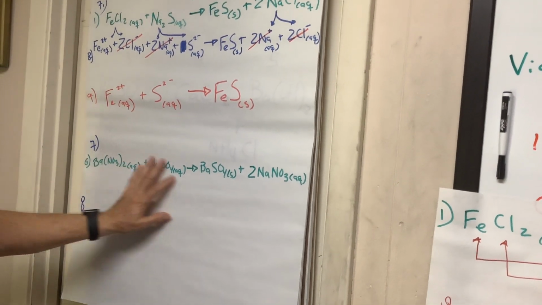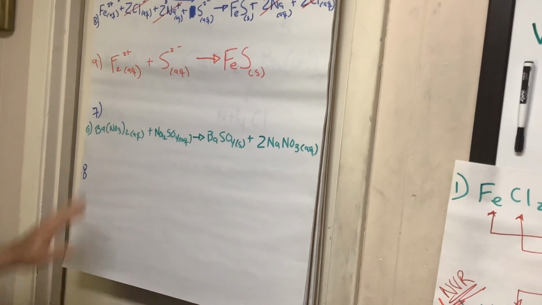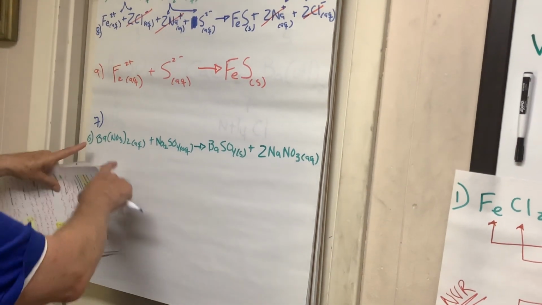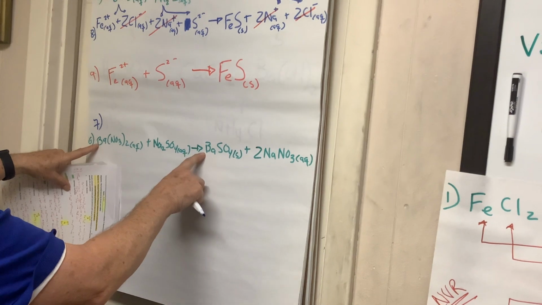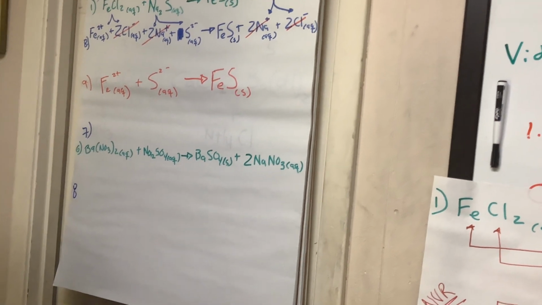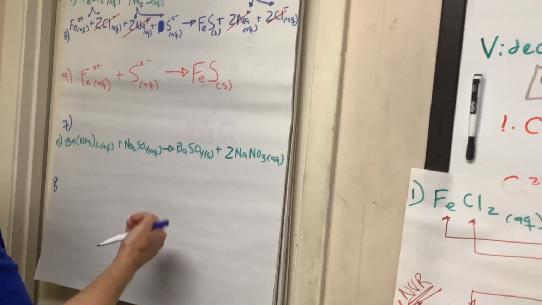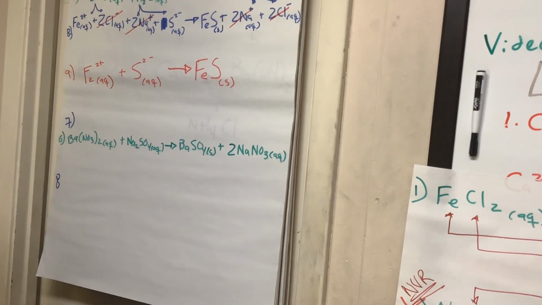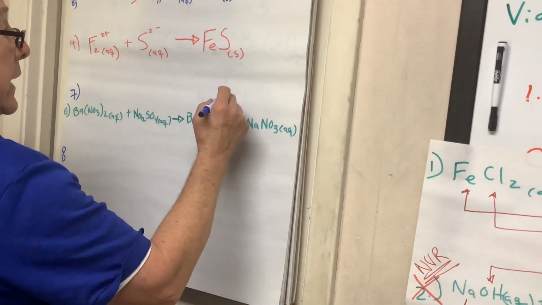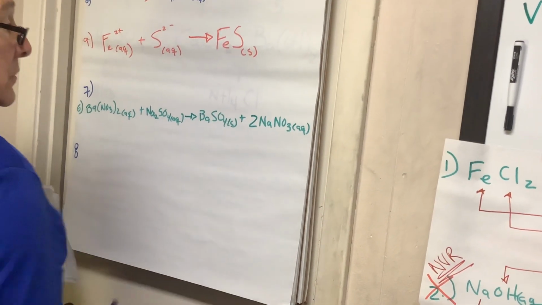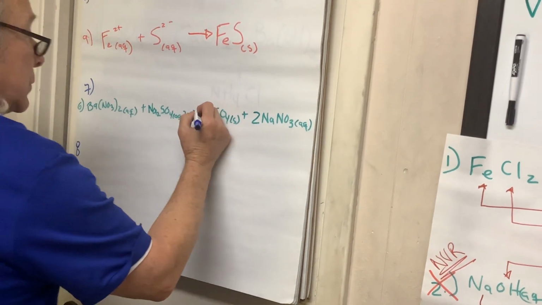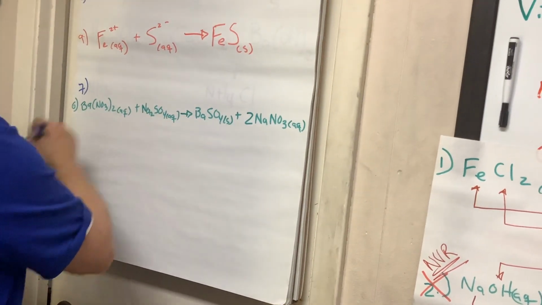So now I have a balanced equation. My coefficients are 1, 1, 1, and 2. I don't need to write the ones because it's understood. It's like the difference between saying 1x and x. It's the same thing.